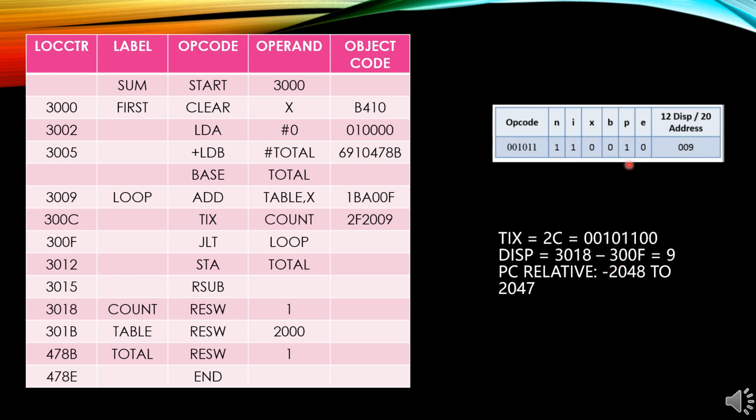So we put the P bit as 1, and the 12-bit displacement will contain 009, hence the object code is 2F2009.